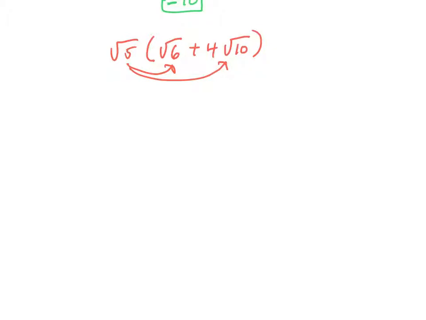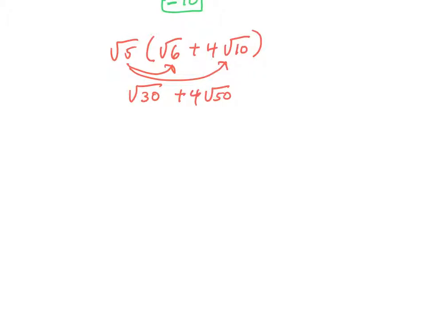So let's start with square root of 5 times square root of 6. That's going to be square root of 30. And then we do square root of 5 times square root of 10. And that's going to be square root of 50. And then don't forget the outside. So we have 1 times 4, which is 4. Okay, so that looks good, except we need to see if we can simplify.